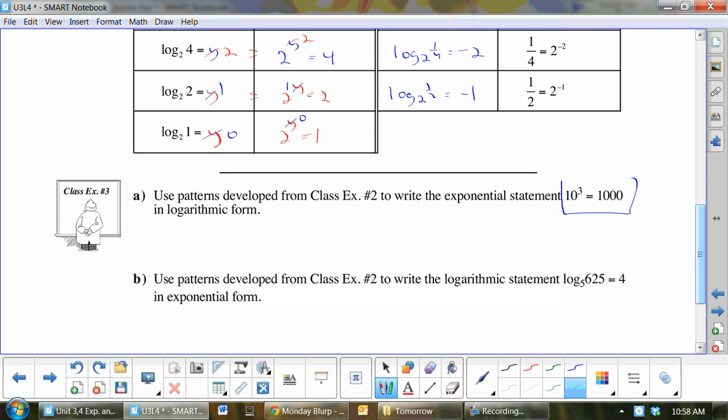Okay, if you had this, let's write it in log form. Graham, what would be the answer to that in log form? Okay, remember, think of this: log b of x equals y is the same thing as b to the y equals x.